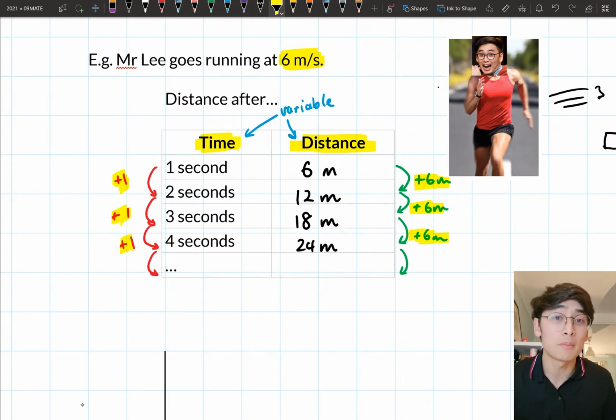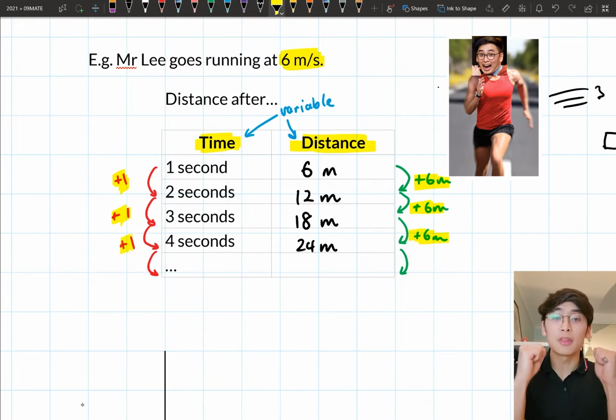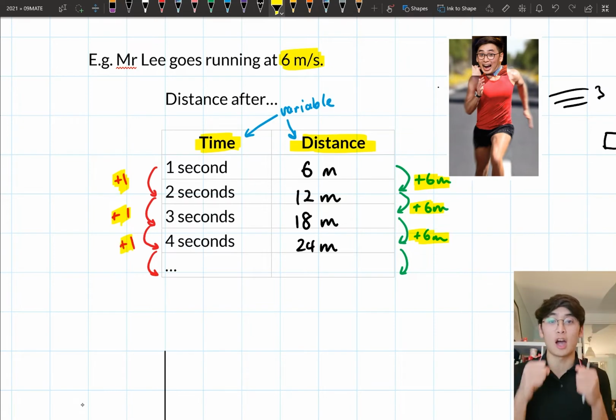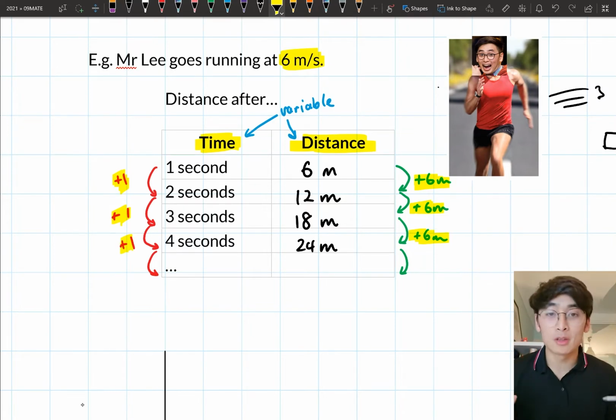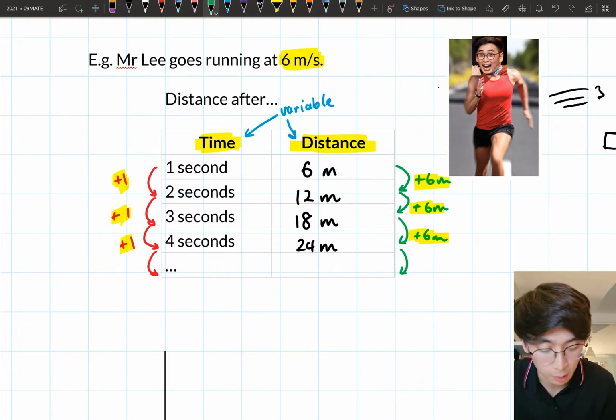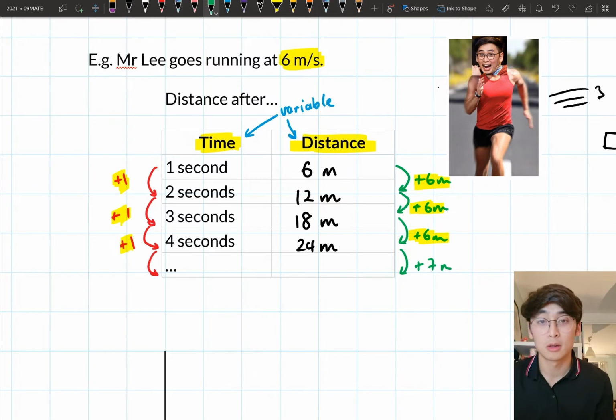And so that's what it means to be in direct proportion. When one thing increases, the other thing increases, and as we keep increasing the same amount each time, those rates of change do not change. So I'm not going to expect to suddenly add 7 meters in the next one. If one thing increases, the other thing increases by an equal amount each time.